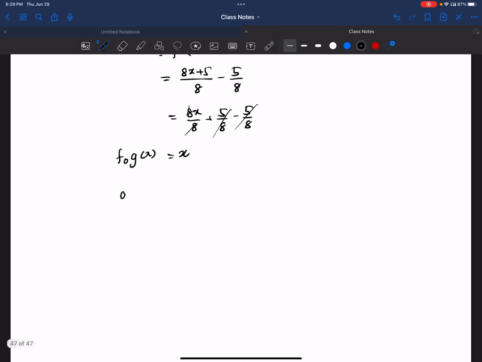I'm going to find g composed with f of x as well. That means g of f of x. f of x is x over 8 minus 5 over 8.